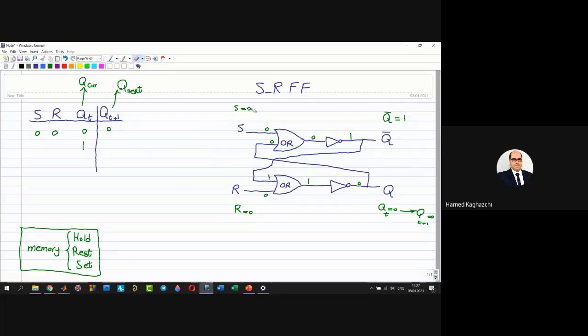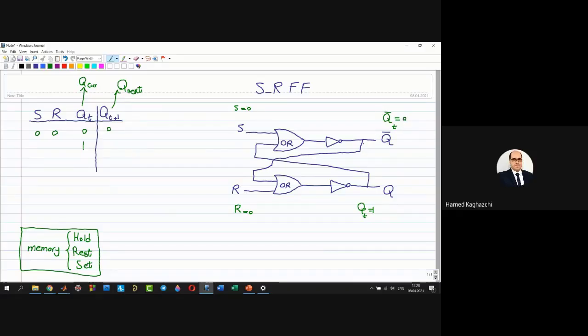Now, if I suppose that my Qt is 1, what is the Qt bar? 0.